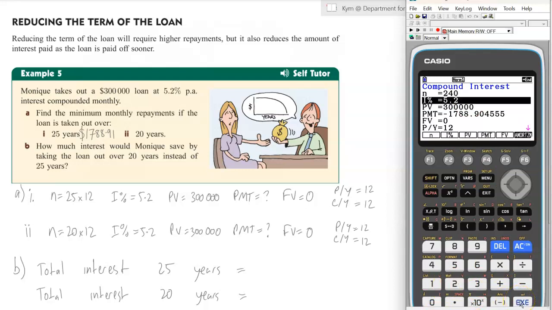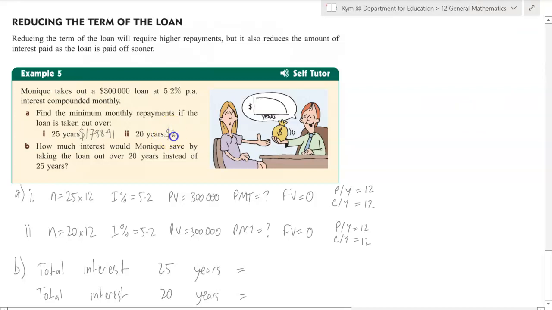So then my new PMT will be, obviously a little bit higher to pay it off sooner, $2,013.17. So $2,013.17 is the minimum monthly repayment if you want to pay it off in 20 years based on that interest rate and that loan amount.